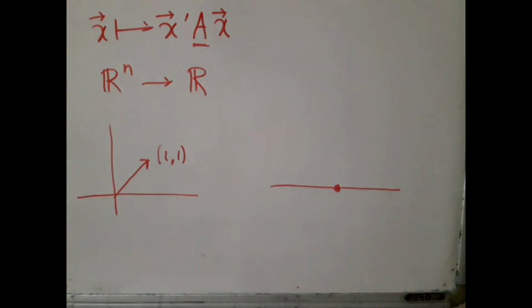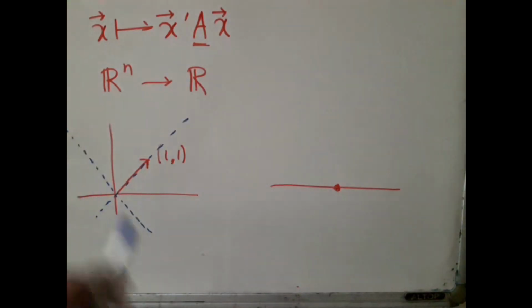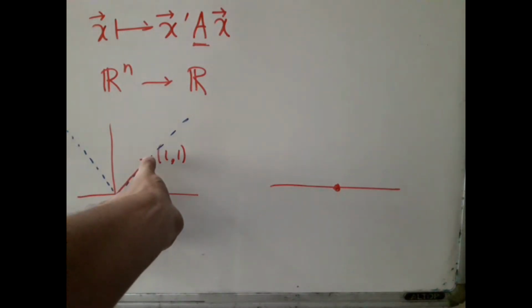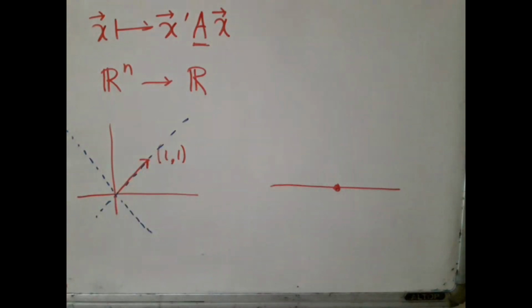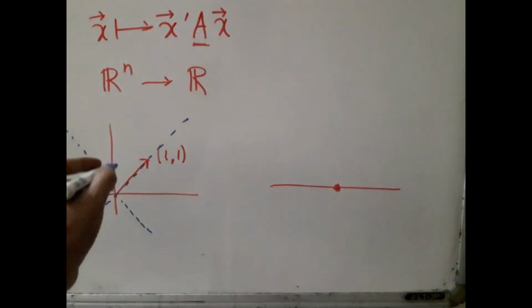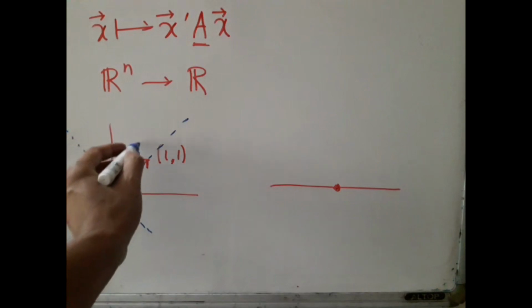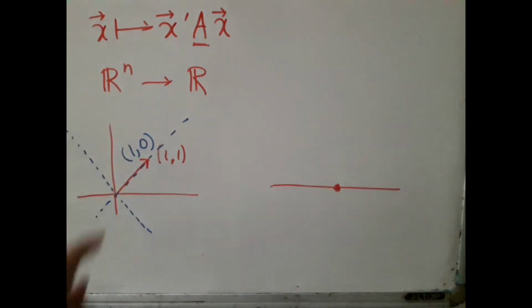Now if I change my coordinate system to say this, so this is my new x-axis, this is my new y-axis, and I consider this as my unit length, in that case, of course, the same vector, the same arrow will now have the representation 1, 0, but it is the same vector.